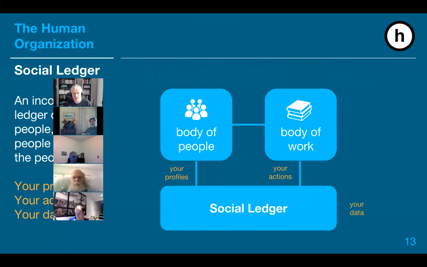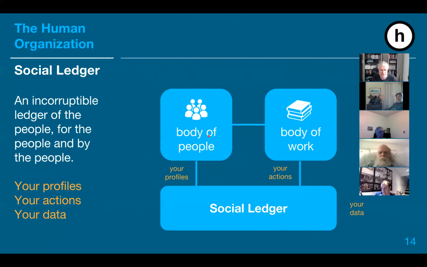So let's take a look at this diagram here. Recall at the beginning, there's a body of people linked to the body of work here. And what we're saying here, the social ledger is an incorruptible ledger of people, for the people, and by the people. So this stuff that goes into this layer here contains your profiles and, plural, right?